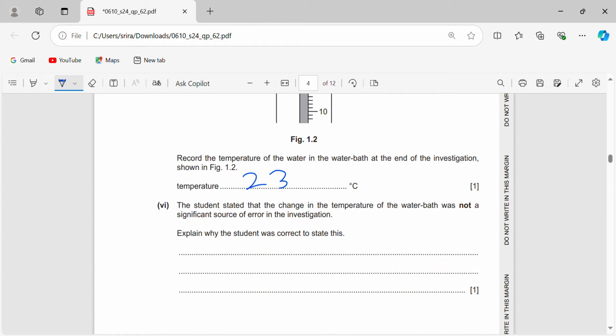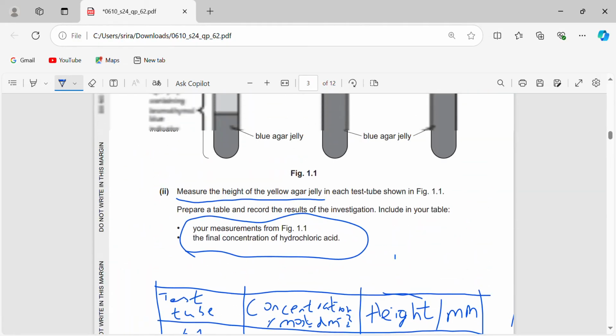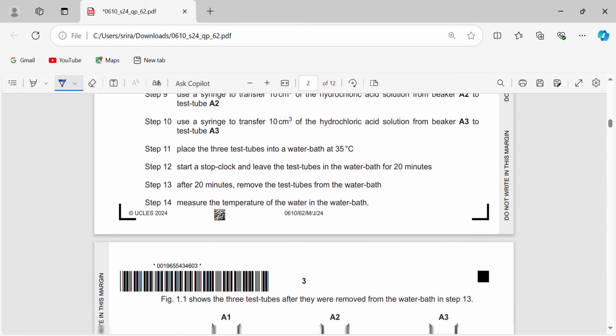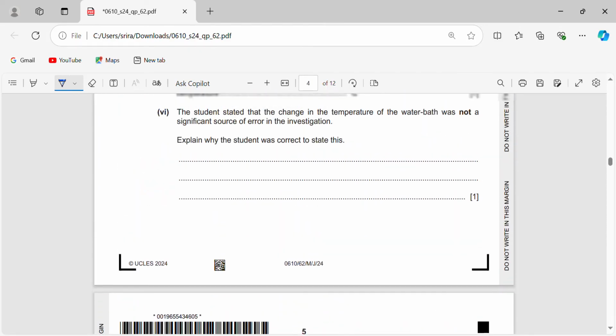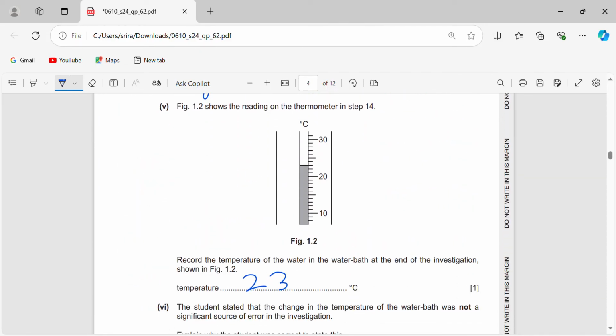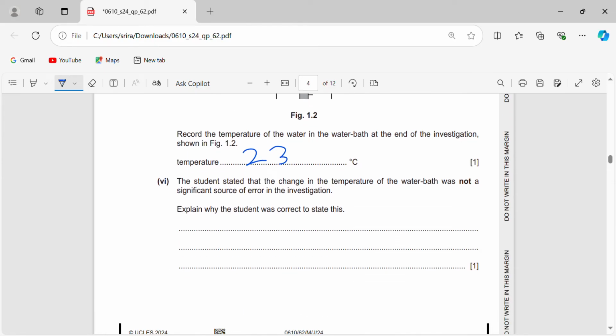So students stated that the change in temperature of the water bath was not a significant source of error. So actually the water bath was supposed to be, I think 35 degrees Celsius. But now when they're checking it, it's 23 degrees Celsius. So why is this not a significant source of error? So what we have to realize is all 3 test tubes are in the same water bath.